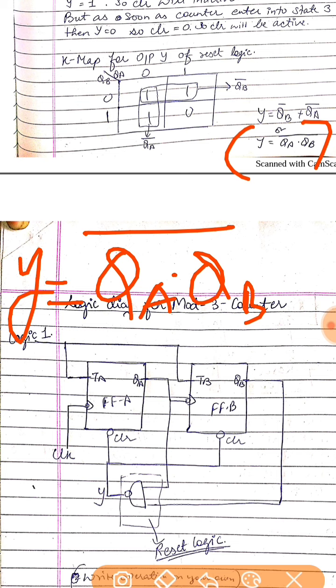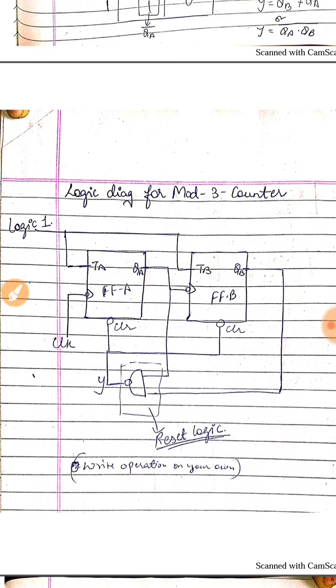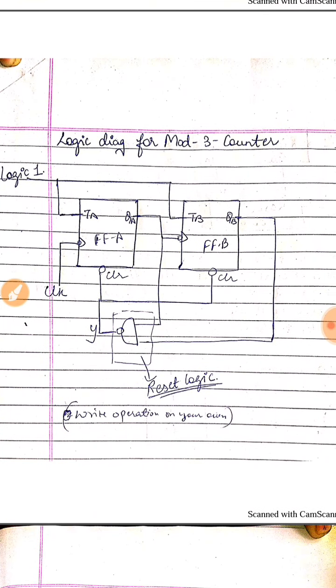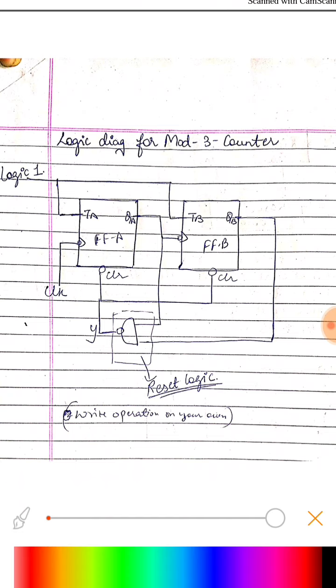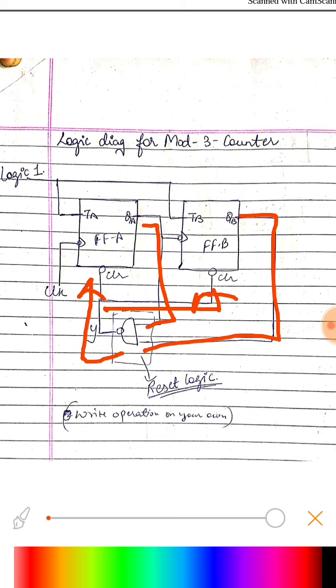So how can we use it for our reset circuit? QA and QB I will feed to this NAND gate, and the output I would feed to the clear. These clear inputs will reset the circuit and feed 0 0, that is the initial count.